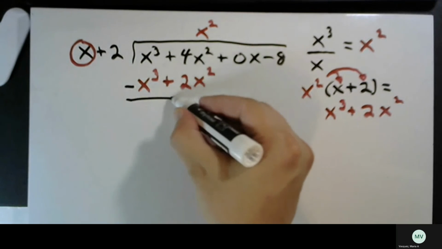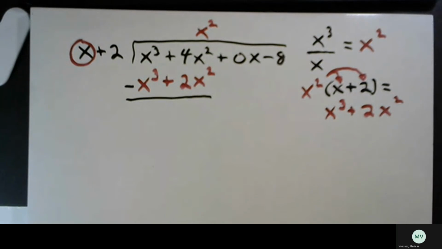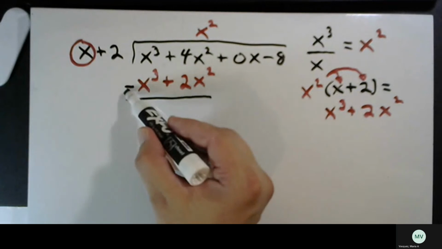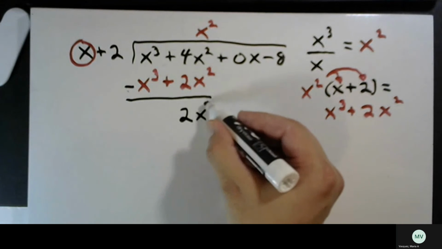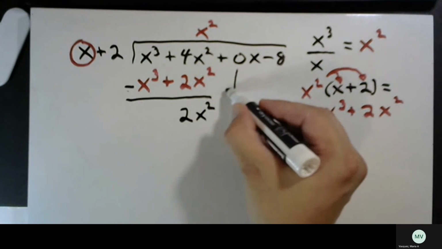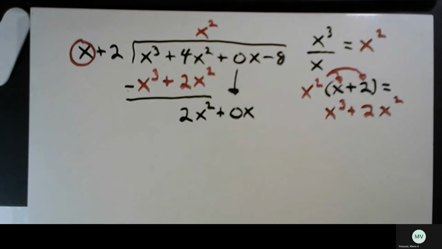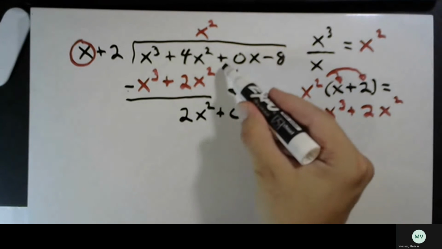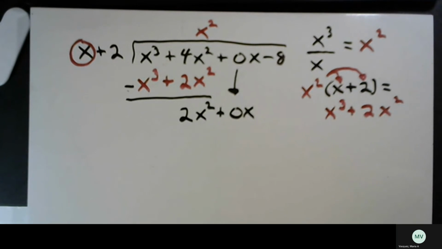And then we subtract. x cubed minus x cubed, that's going to be 0. 4x squared minus 2x squared, 2x squared. Then bring down the next term, plus 0x. And you notice each time we're bringing the operator with it. The operator goes with the term. And then that's it. That's the end of our first cycle.